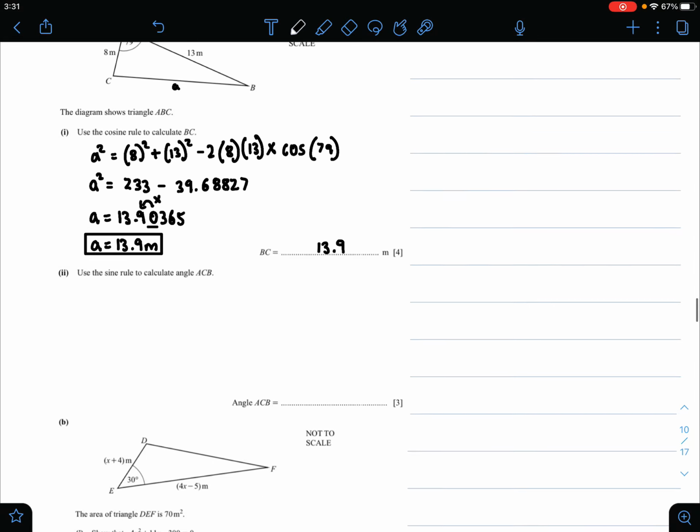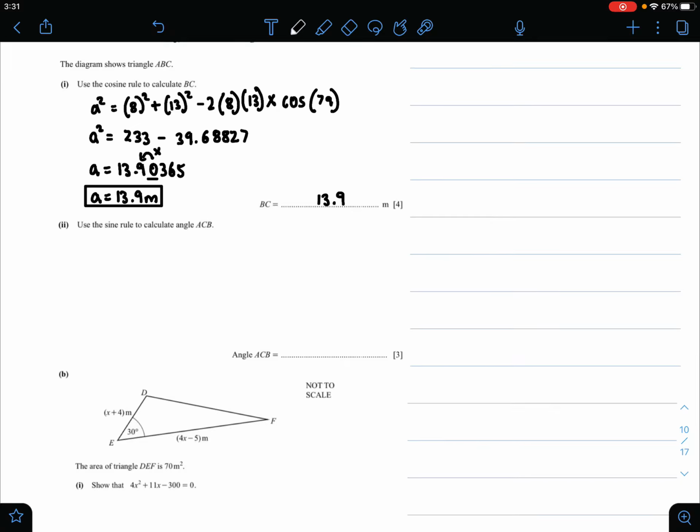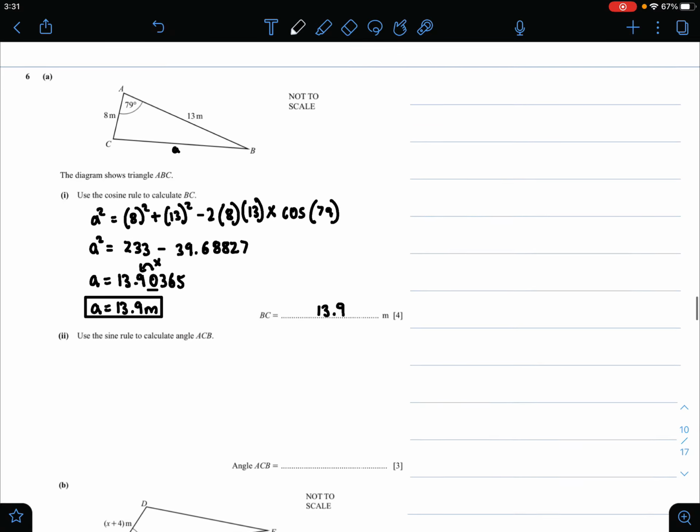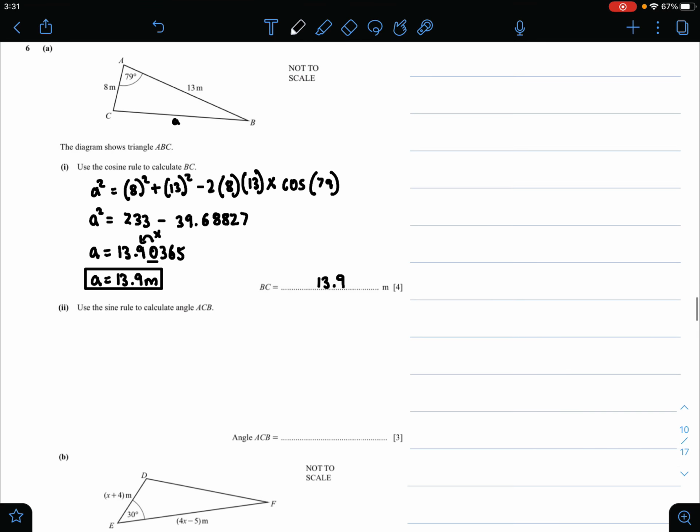Now let's move to part A2, where they are asking you to use the sine rule to calculate the angle ACB. The sine rule is sine 79 divided by the side that is opposite to it.